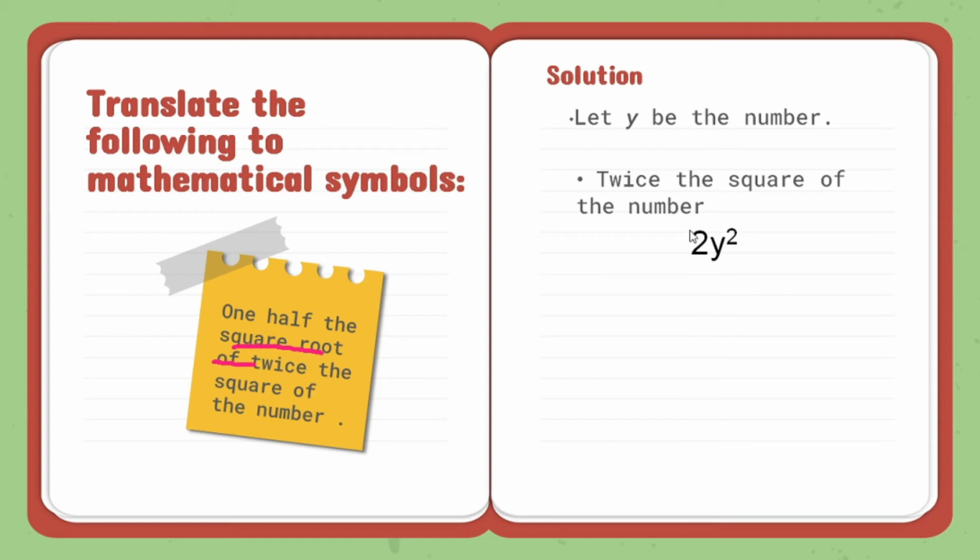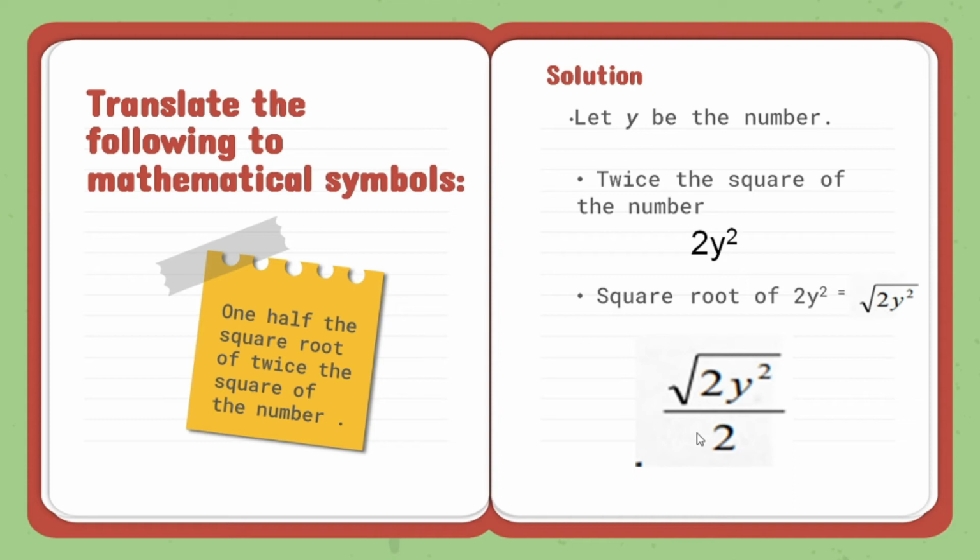Next is 1/2 the square root of. There is still a square root. The square root of this. Meaning to say, we need to put a radical sign, as we said earlier, right? When we use the word square root, we need to use the radical sign. So, for the statement square root of twice the square of the number, we have the square root of 2y squared. Last is 1/2. It says half of what we made now. So, that means over 2.